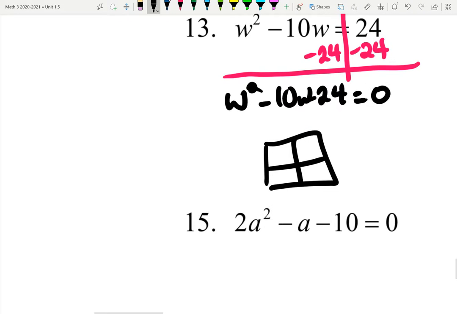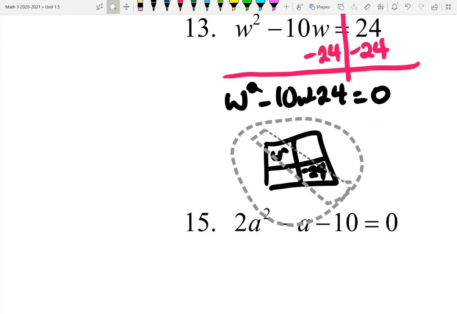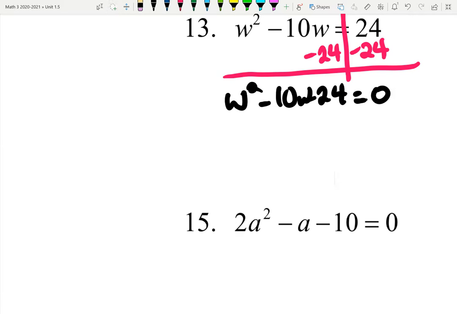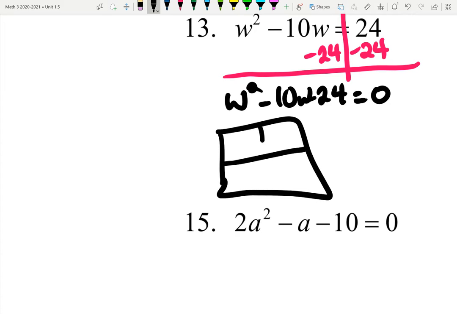It would be w squared minus 10w minus 24. I ask myself what multiplies out to be equal to that. So let me factor.